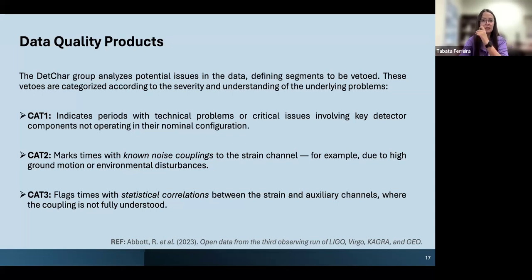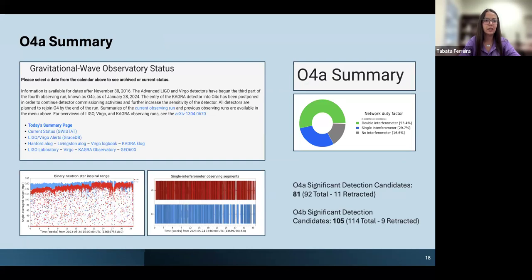And yeah, that's it. I'd like to end with a summary. The group usually has access to summary pages, which give us information about the detectors in real time. Then we can try to create some hypotheses and see what happened in the detector during the observing runs.